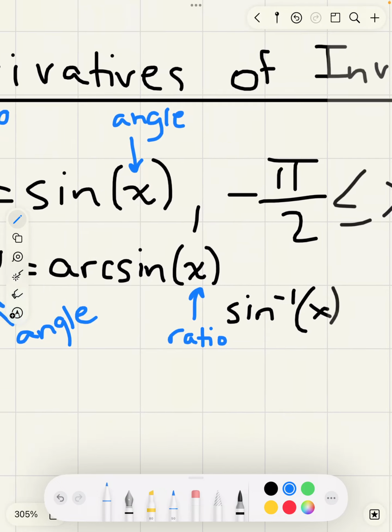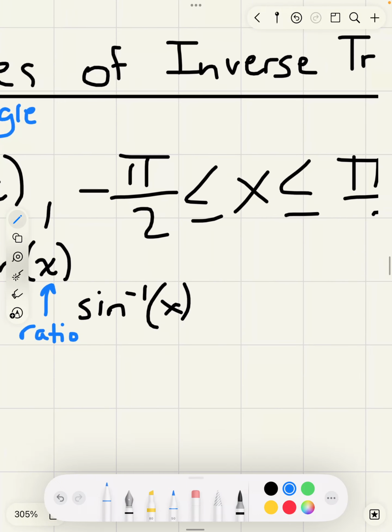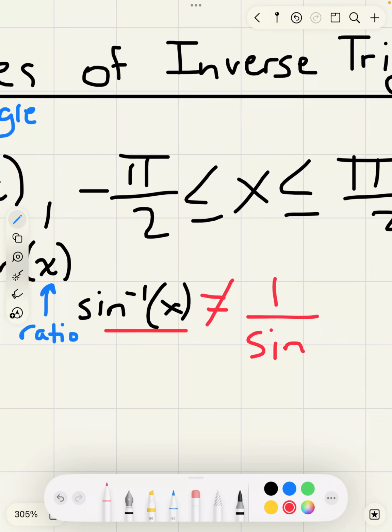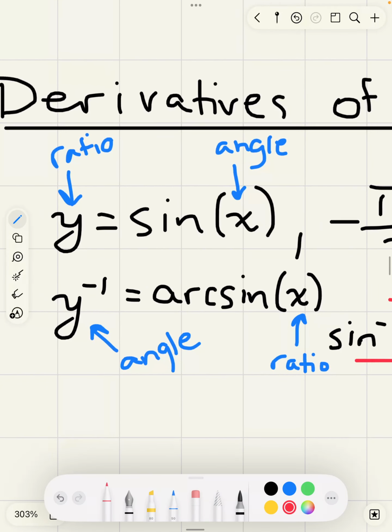One side note here, very important, is that when you see this notation, that is not 1 over sine x. No. That is not cosecant x. That is arc sine x. And this goes back to the idea that inverse and reciprocal are not the same thing.